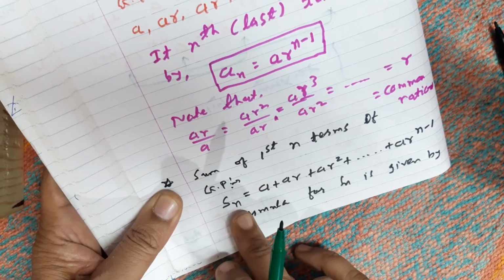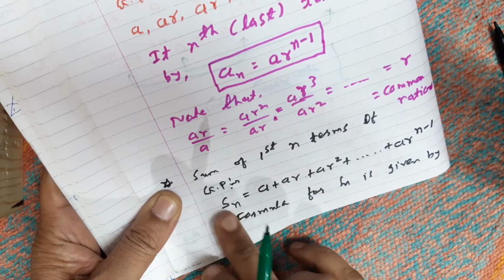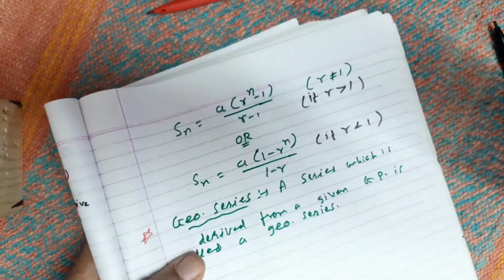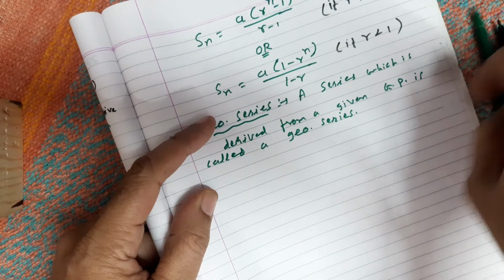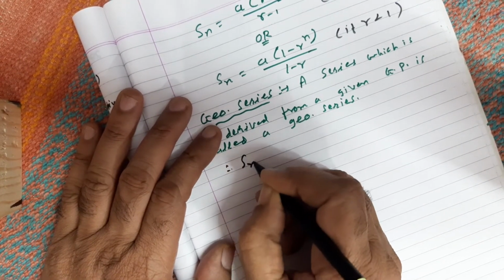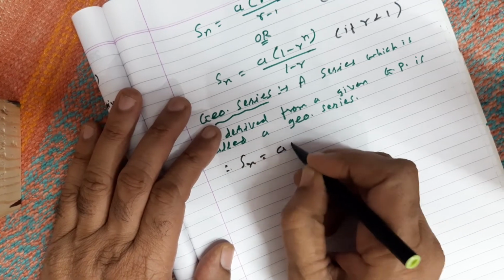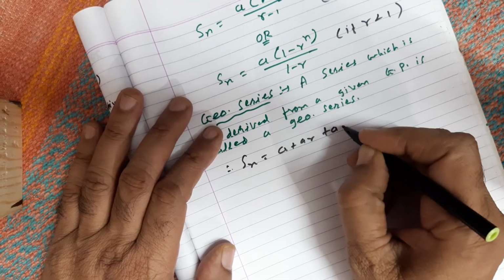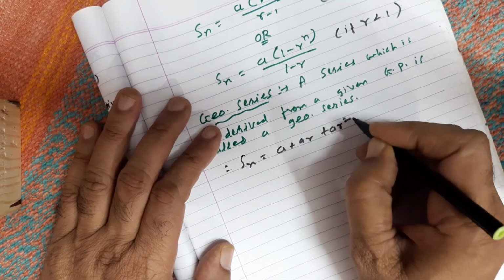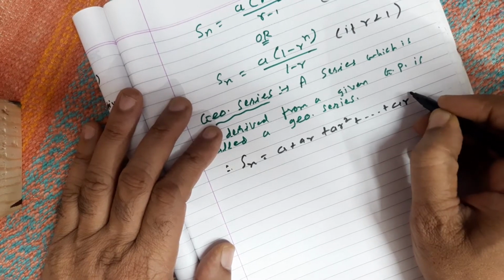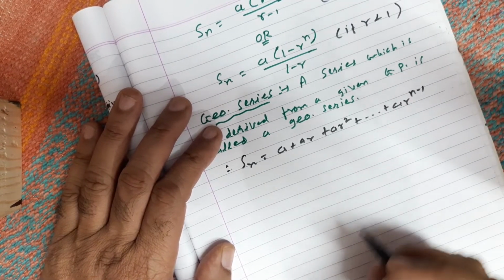Suppose I take S1, the first term of the series, S2, the second term of the series. Here, same thing I am going to write down again: Sn is a plus ar square, and so on, ar raised to n minus 1.